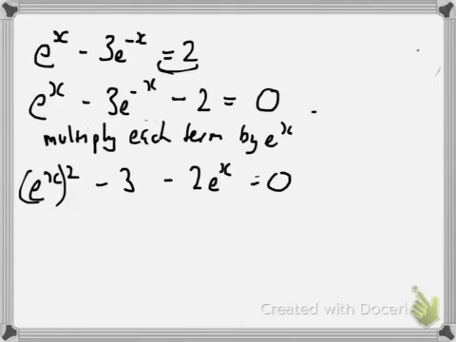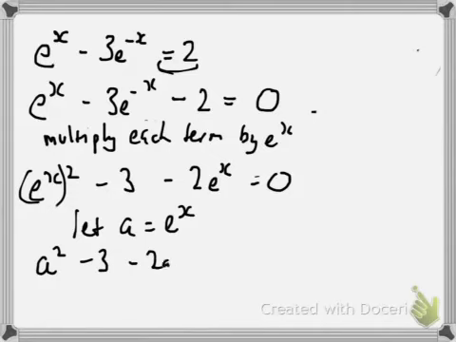Let a equal e to the power of x. Next line now: a squared minus 3 minus 2a equals 0. Let's order that properly. So it's a squared minus 2a take 3 equals 0.